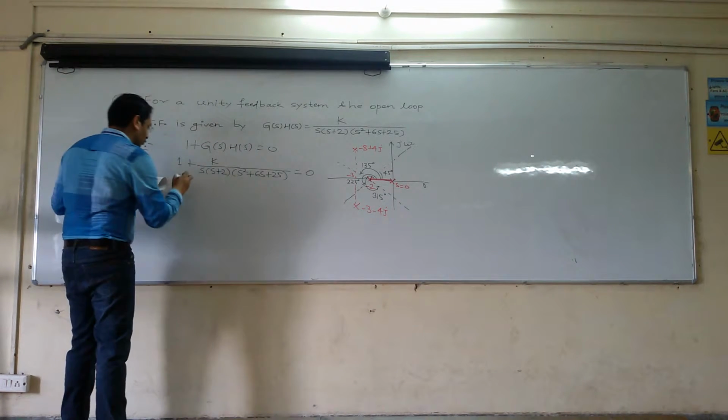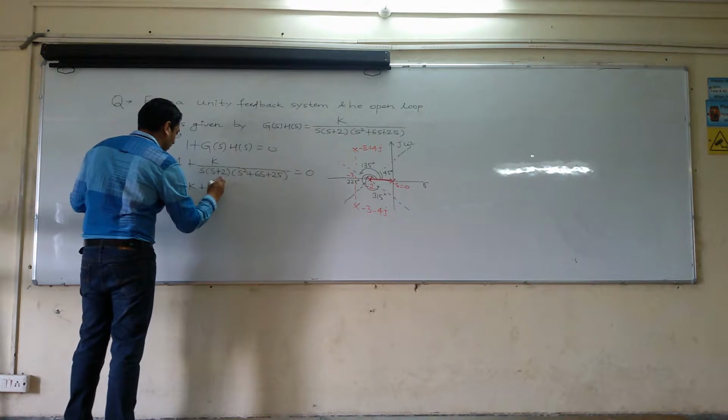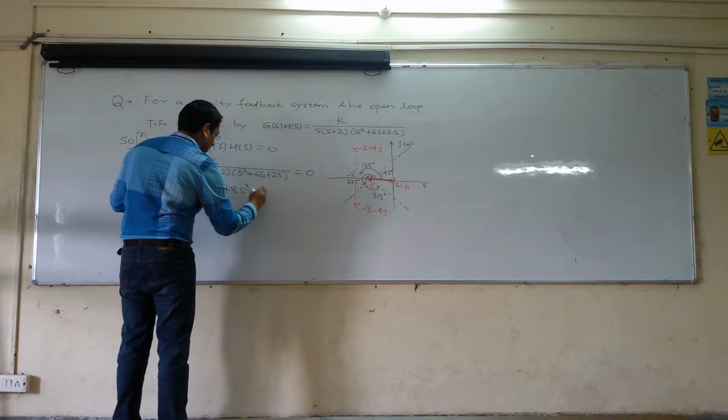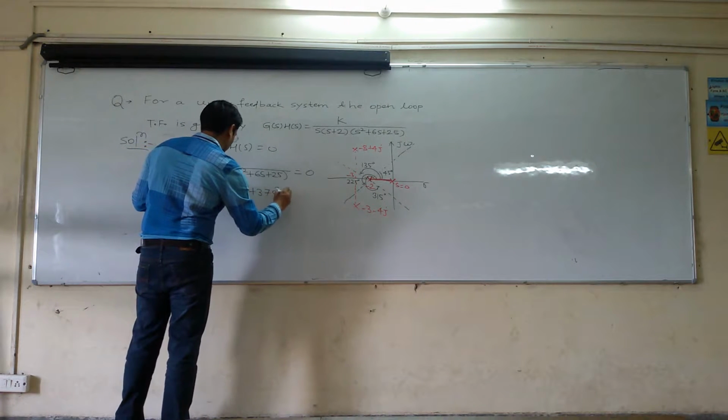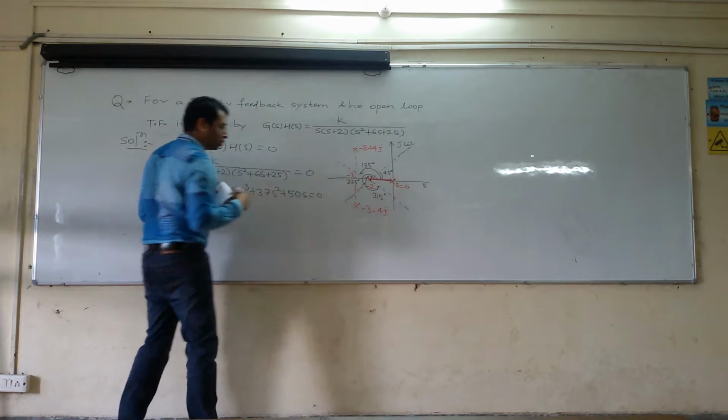If you solve it further, you will get s to the power 4 plus 8s cube plus 37s square plus 50s plus k equal to 0.